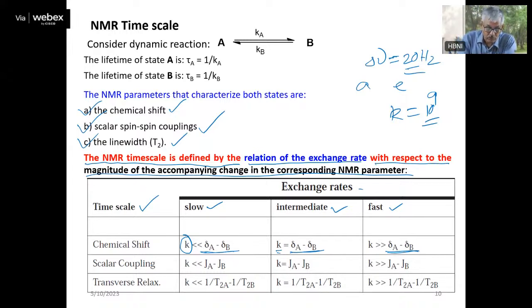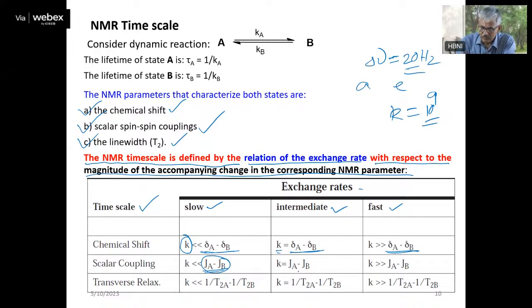Now for the same thing, if you are observing the scalar coupling, then we'll call it slow if the coupling constant difference is much greater than the rate constant. Coupling constant difference is also in hertz.